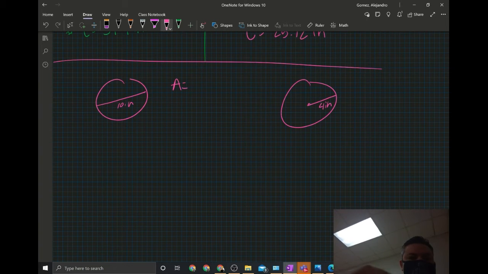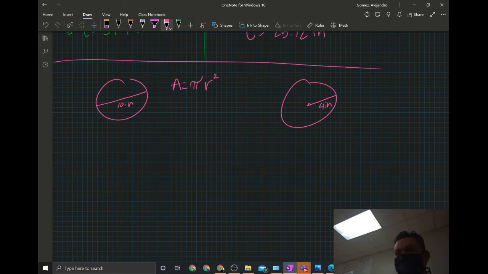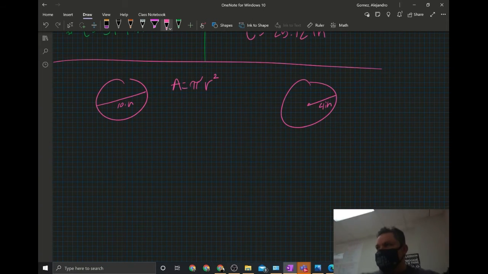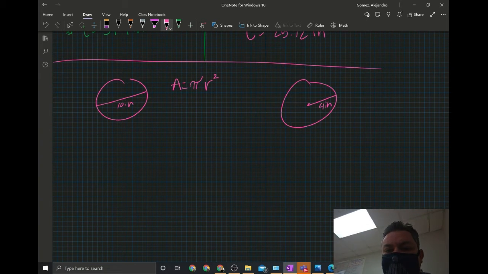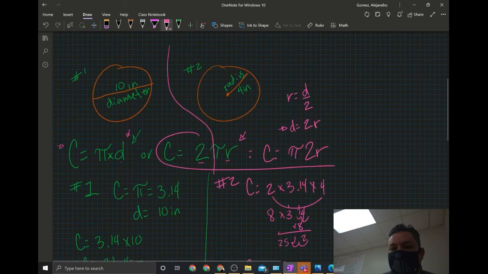For area, it's just going to be pi times radius squared. That's the formula. So if you're given the diameter, you need to change it to a radius all the time when we talk about area. And remember, the radius is the diameter divided by 2, or 1/2 the diameter. I wrote that over here.